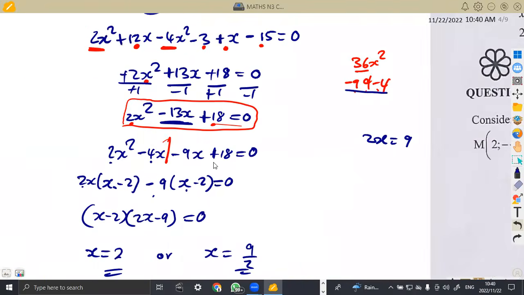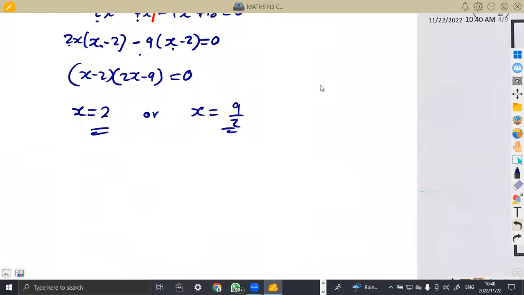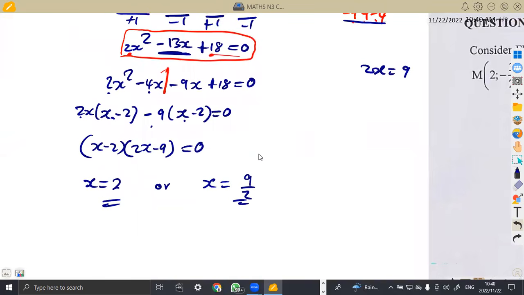So you can take that as an advantage. Like I said, guys, here we could have used the quadratic formula. Use the method that you are best at on this equation. So use any method, but you're going to obtain the same values as the ones I'm obtaining.